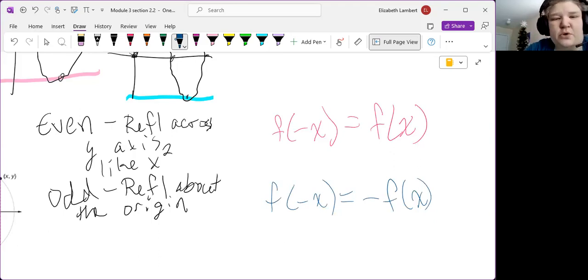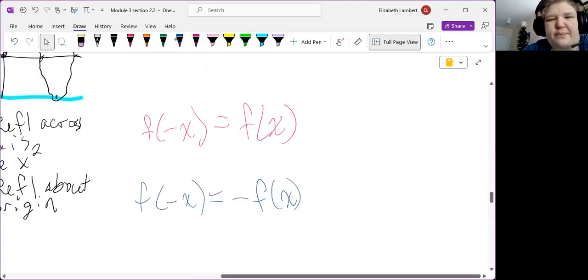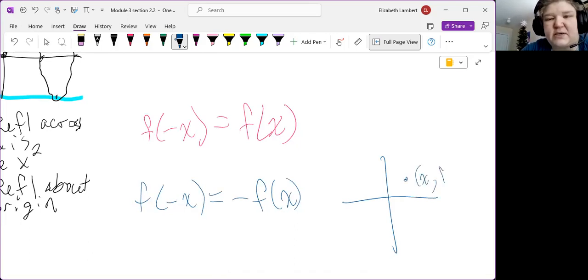So my normal, let me just draw that picture. My normal point is (x, f of x). And then for this to be an odd function, I need it to go back to negative x, and I need it to go down the same distance that this one went up.